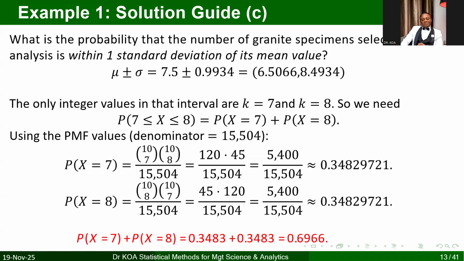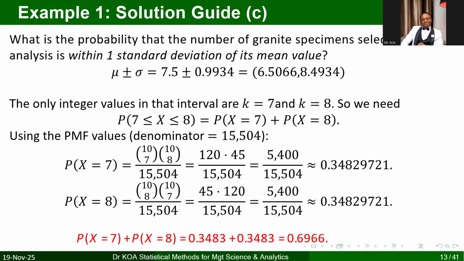So clearly, the chances that a granite specimen is selected for the analysis, the chances that this is within one standard deviation of the mean, are almost 70%. Don't forget that this value, K itself, was between 5 and 10.